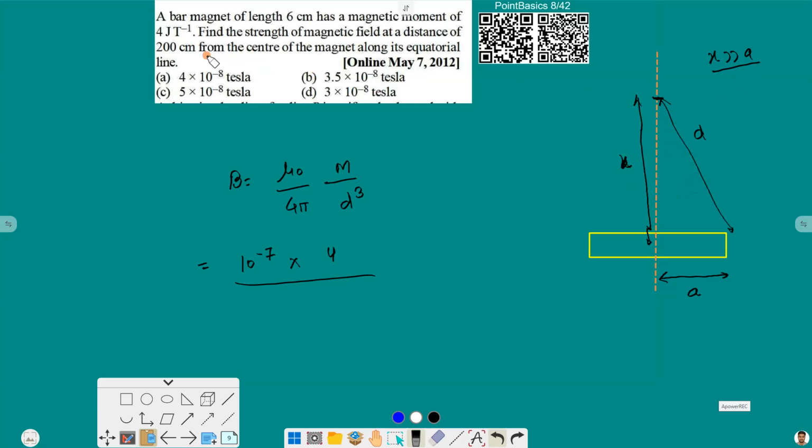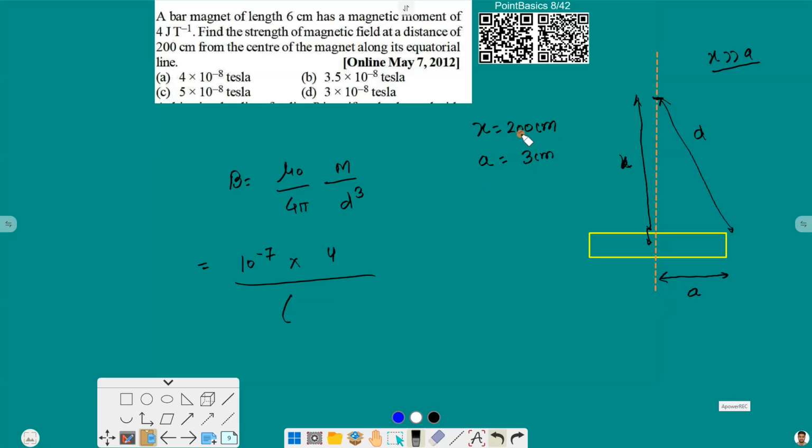Now, here it is mentioned that the value of x, the distance from the center of the magnet, is 200 centimeter, and length of the magnet is 6 centimeter. So value of a will be half of that, that is 3 centimeter. So we can see from here that a is very small as compared to x, so we will ignore it.